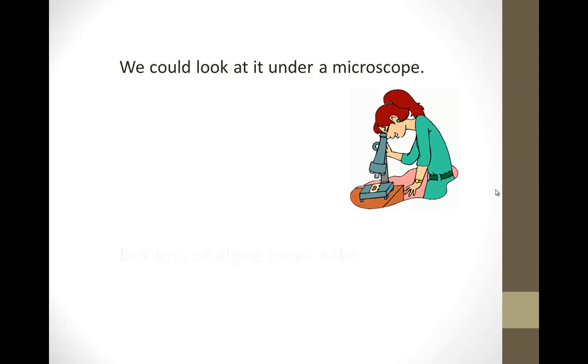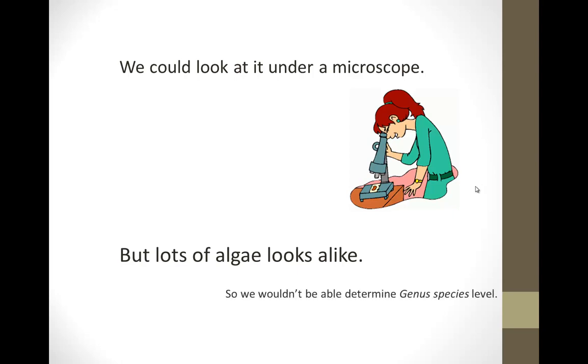You may have noticed in that lab that some of the algae looks alike. And when you think of the hundreds of thousands of types of algae out there, a lot of them look very, very similar. Small, green, round, hard to tell apart. That's not the only way they look. There are other looks, but a lot of them look very, very similar. From that alone, we probably wouldn't be able to determine genus species level.